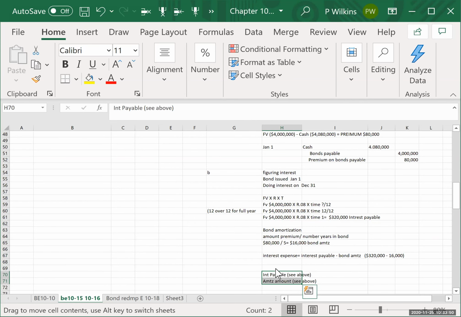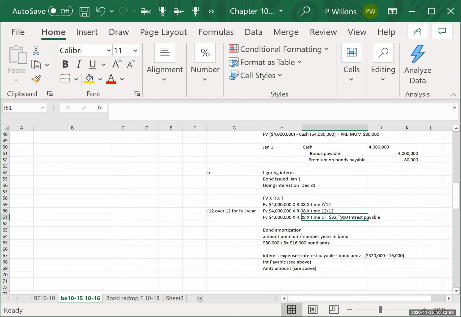And so our interest payable we figured out was $320,000, right? Our bond amortization amount was $16,000. So our interest expense is going to be $304,000. That's $320,000 minus $16,000.